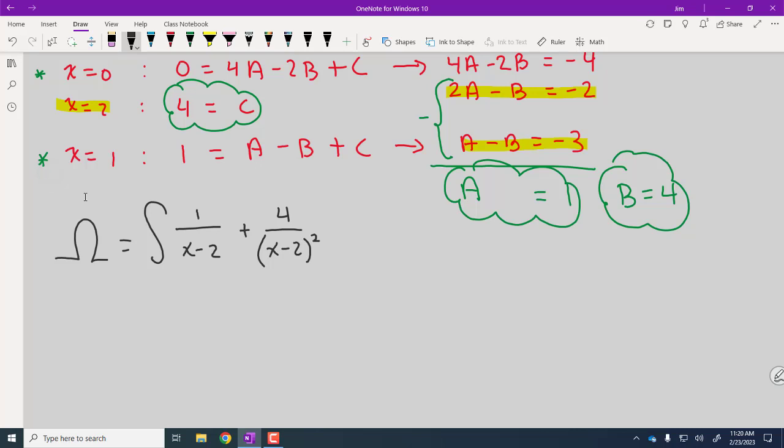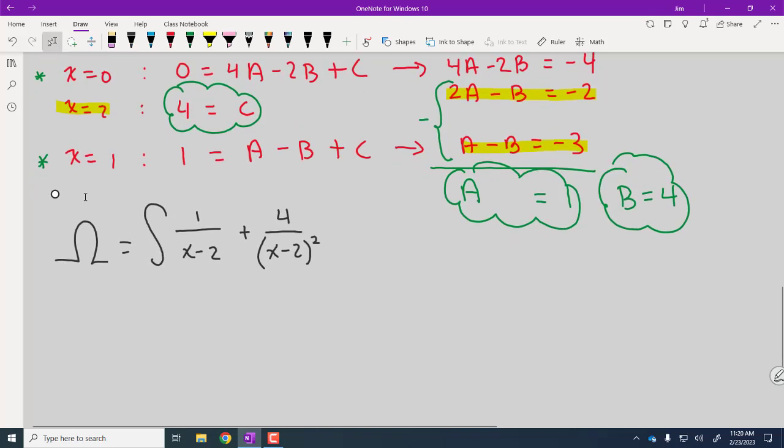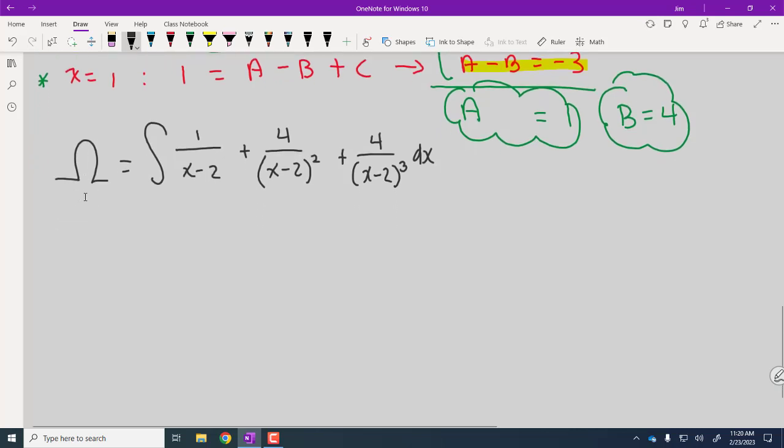And then C over x minus 2 cubed. And all of those are pretty easy to integrate with the power rule, other than the first one. First one is log. The others are power rule.